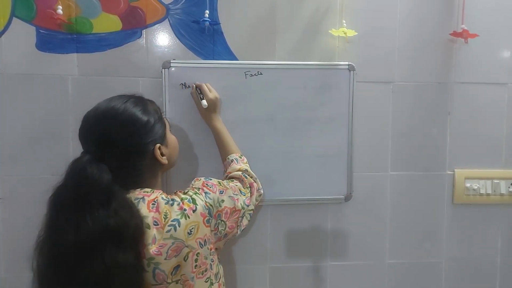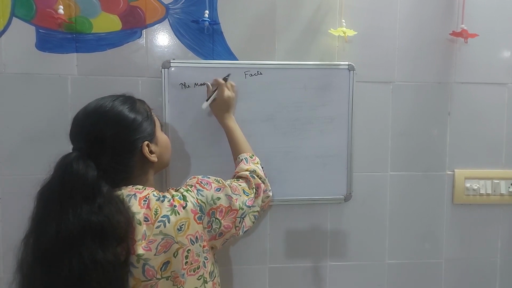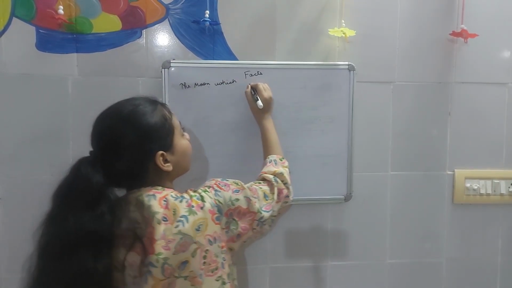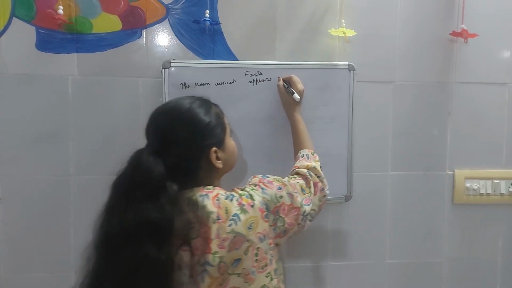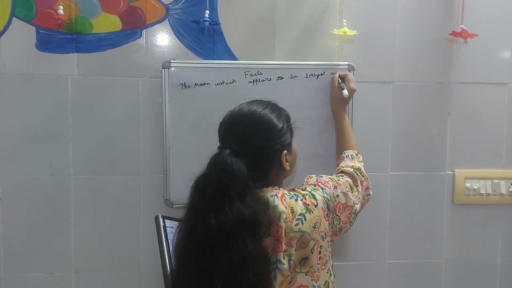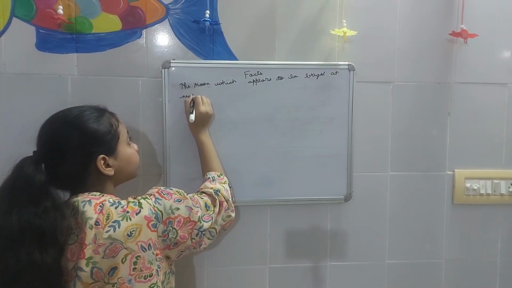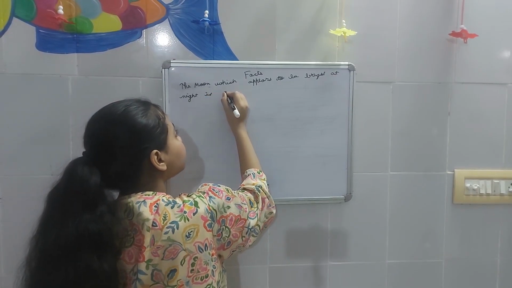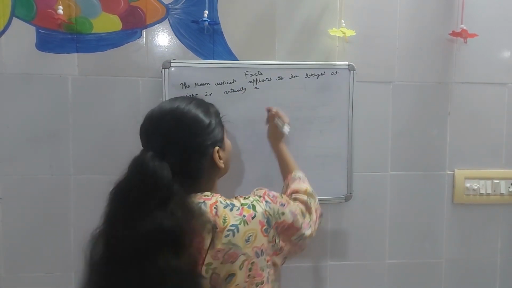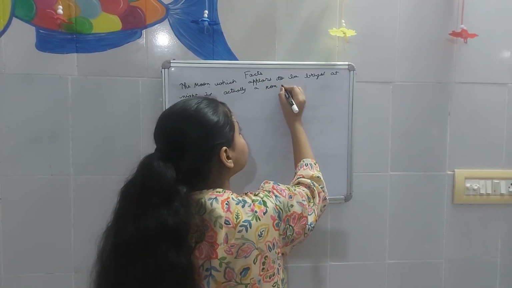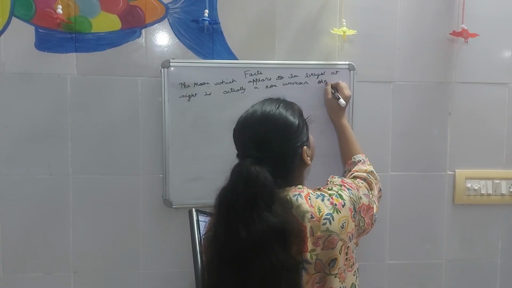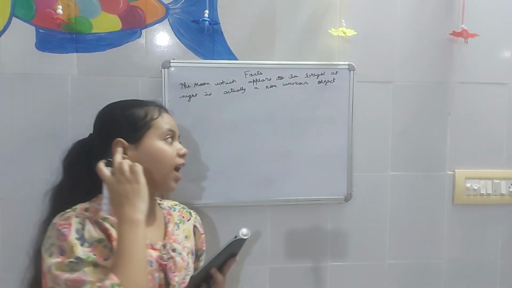The moon which appears to be bright at night is actually a non-luminous object. This is the first fact.